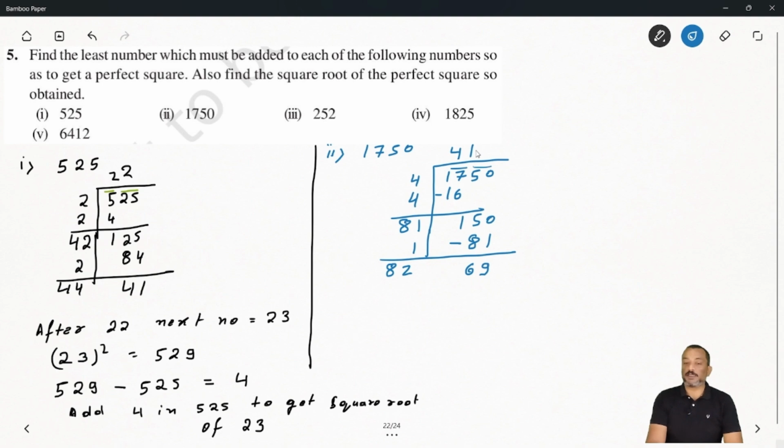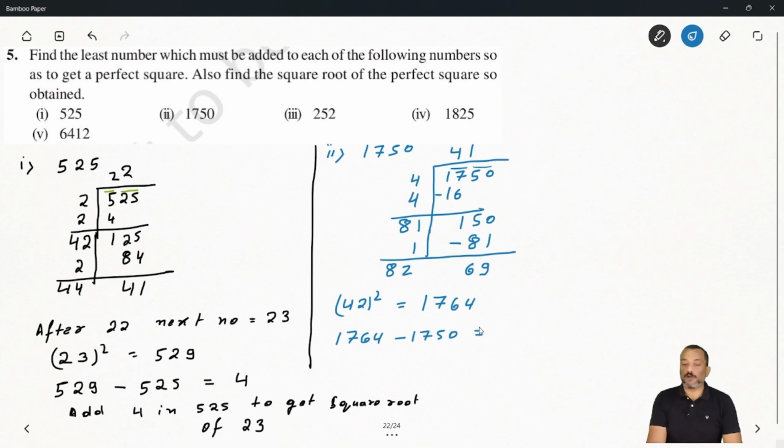So which means the next number after 41 is 42. So how much will 42 squared come to? So 42 squared you can find: 1764. So which means we will subtract 1750 from 1764. So you will get 14. So 14 we will add to 1750.